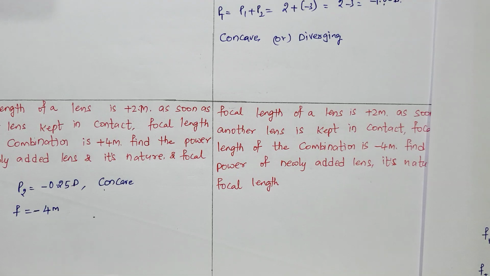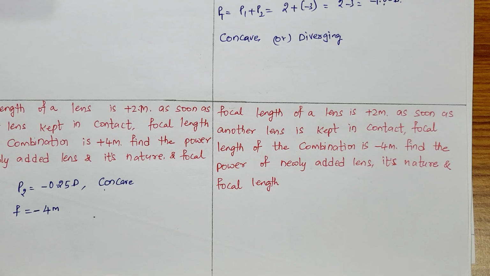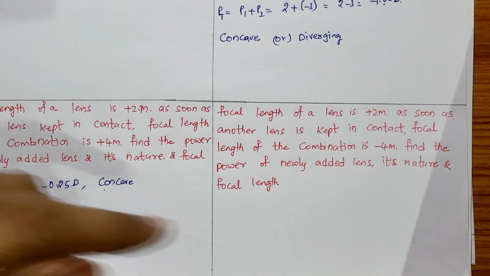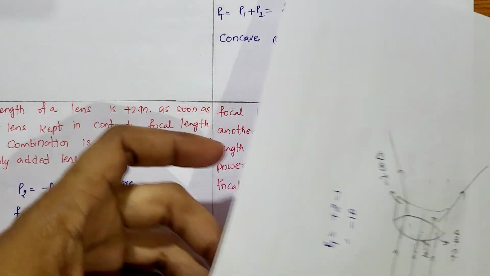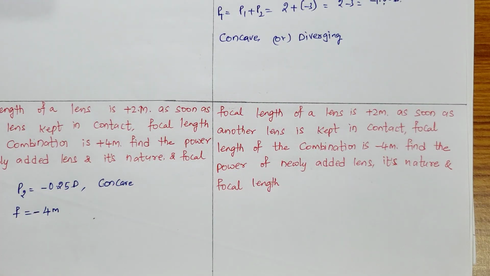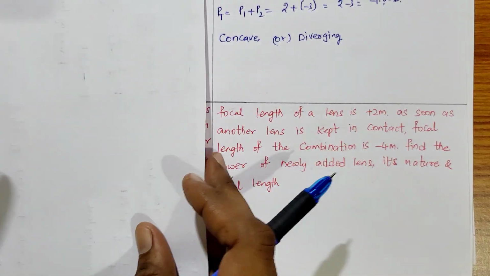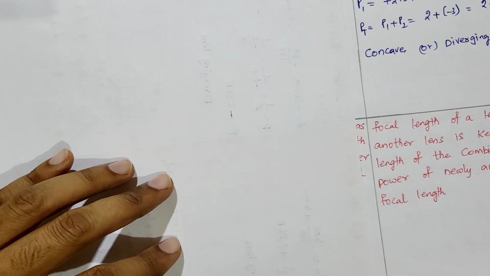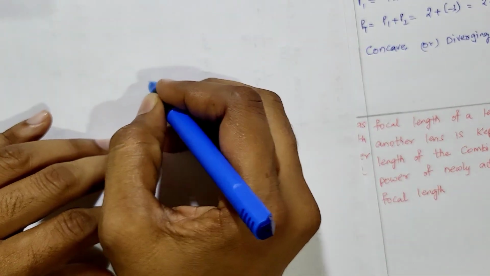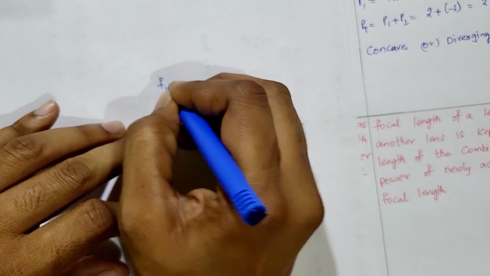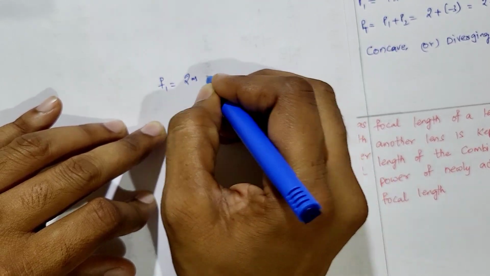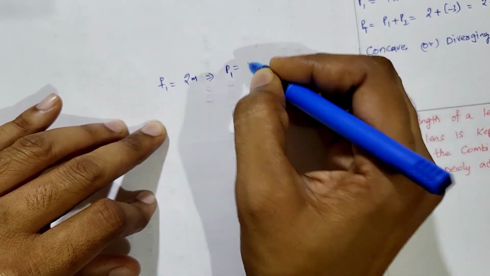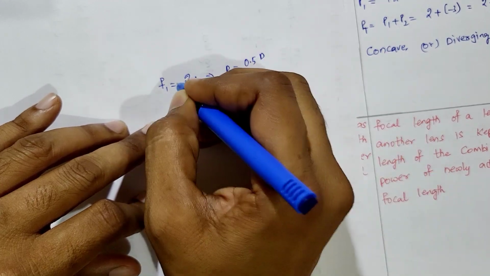Okay. So total power of the combination will be, I will solve it, wait. Let us solve this question here. First focal length of lens 1 is 2 meters, first lens, which implies power P1 will be equal to 0.5 diopter.